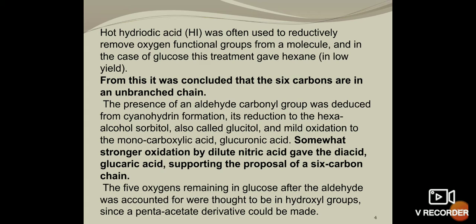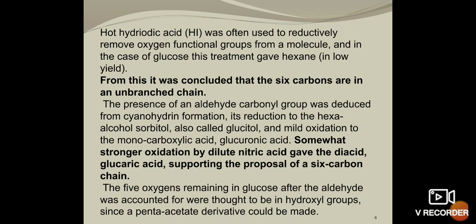Somewhat stronger oxidation by dilute nitric acid gave the diacid glucaric acid, supporting the proposal of a 6 carbon chain. So here are the different oxidizing agents, that in the presence of which acid or which type of reagent, what kind of product we get.